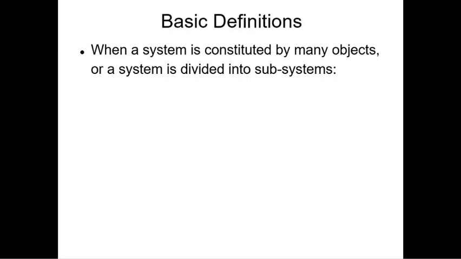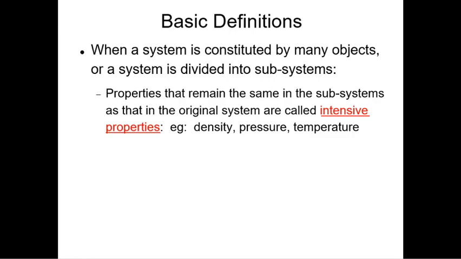The density of the water in both the vessels is the same. The pressure of the water in both the vessels is the same. The temperature of the water in both the vessels is the same, and so on. But then what happened to the volume? The volume got divided. Okay, so there are some properties which remain the same between the subdivided components of a system, and there are some properties which get subdivided.